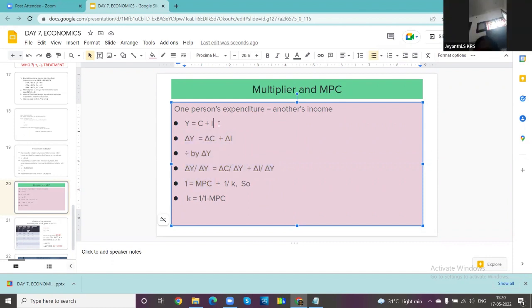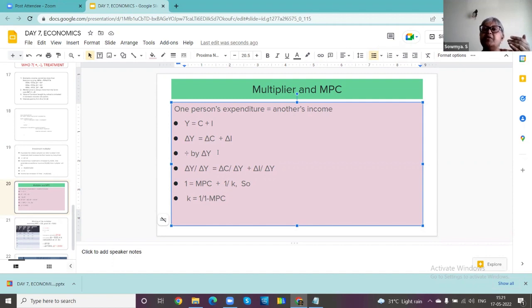Income will be C plus I, and we can simply introduce change in that concept. As income changes, that brings about a change in consumption and a change in investment. So delta Y is equal to delta C plus delta I.